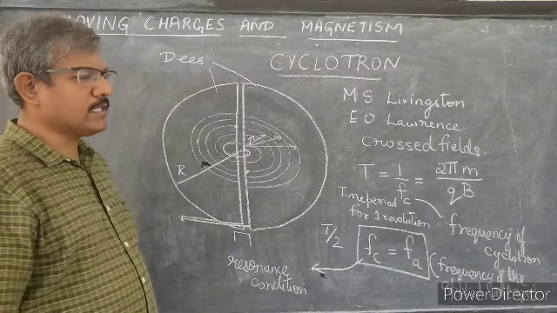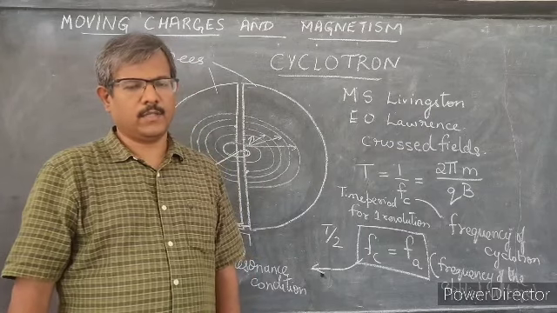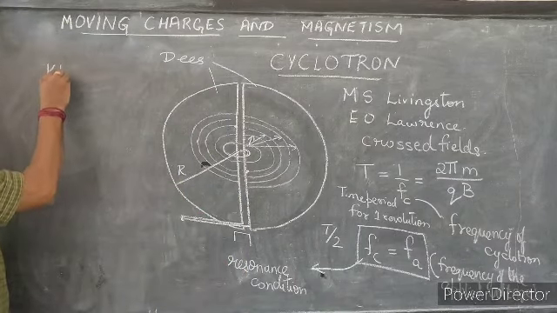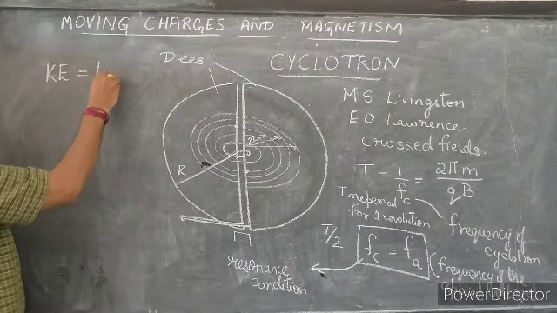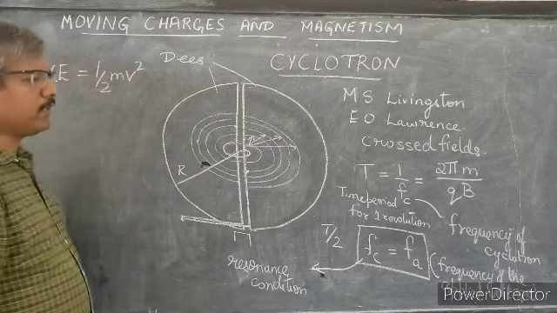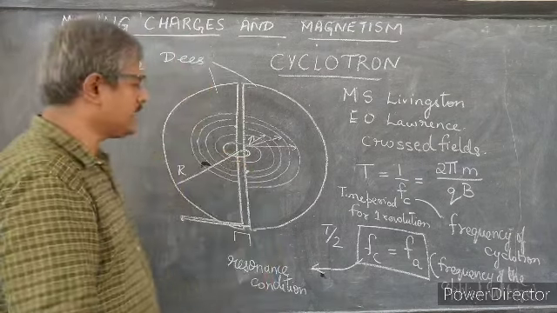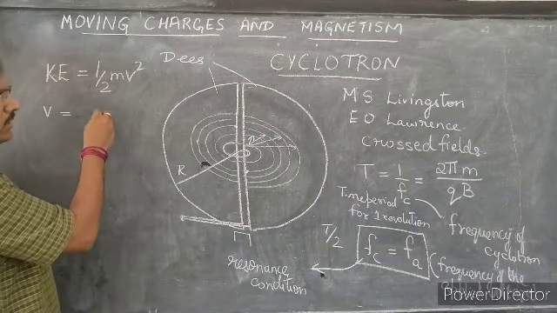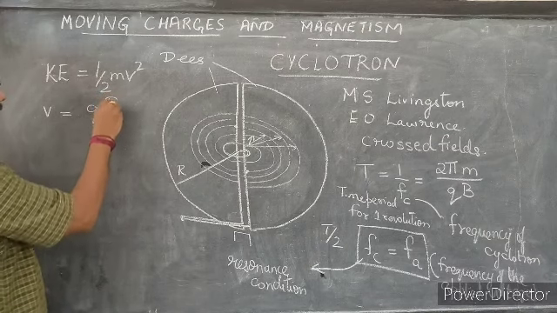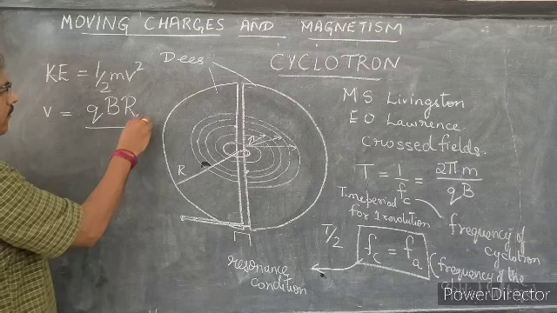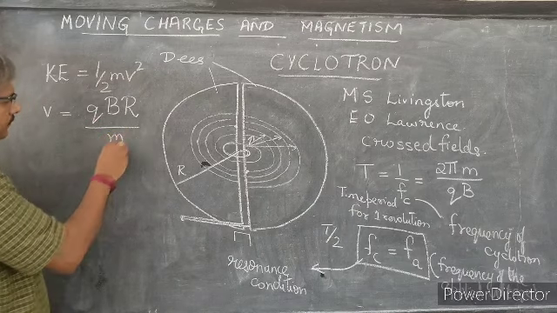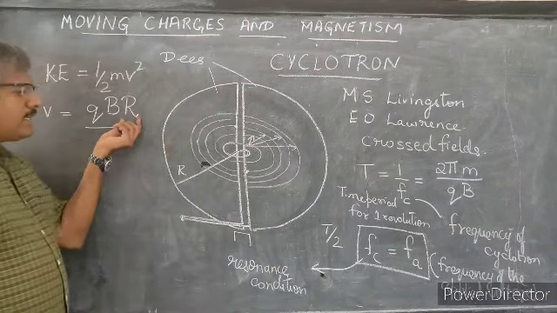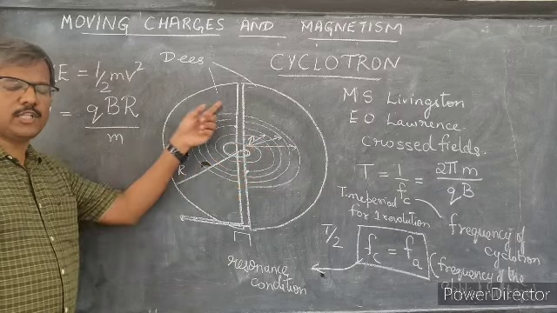Now, what is the energy being imparted? We know that the kinetic energy of a particle is given by half mv square. And we also know from our previous discussions that v, the velocity of the charged particle, was given by qBr by m, where r is the radius of the circular motion it's executing.